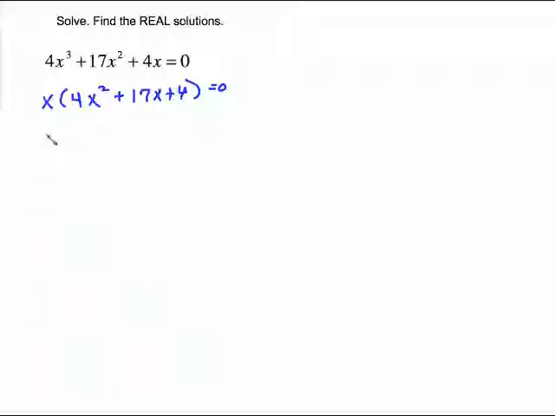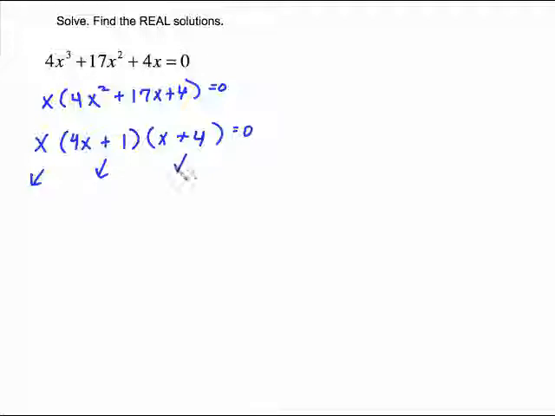This trinomial right here will factor again with 4x and x in the front, plus 1, plus 4, which gives us the 17 in the middle if you FOIL that out. Set each of those factors equal to 0, and we get x equals 0, negative 1/4, negative 4. So there are our three real solutions.